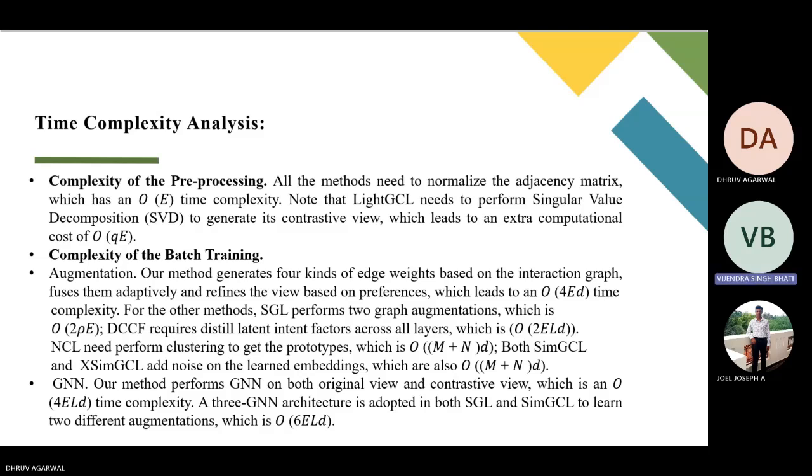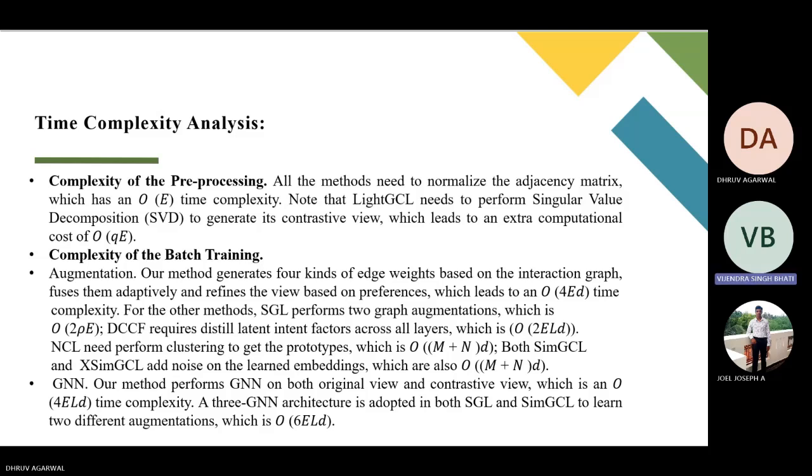which includes SGL, which requires two augmentations having the complexity of order 2 rho E, while DCCF distills intent factors across layers, which have an additional time complexity of order of 2 E LD.